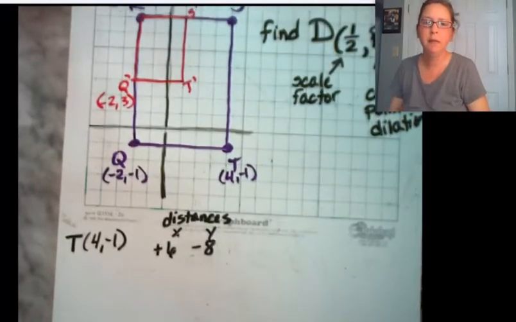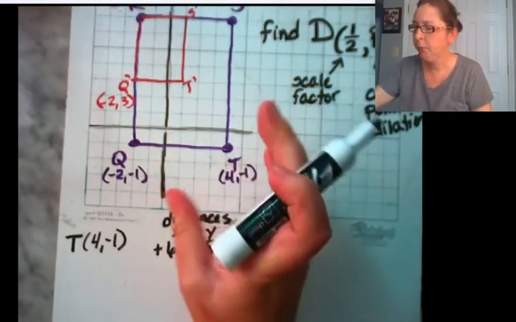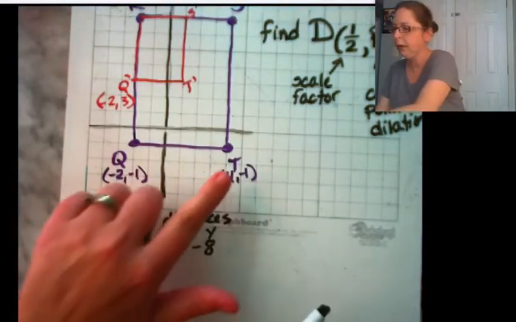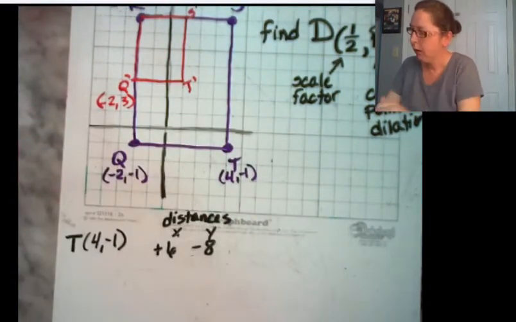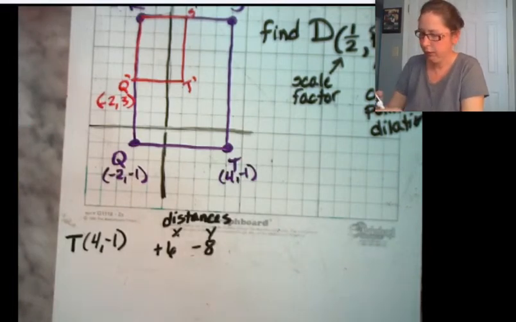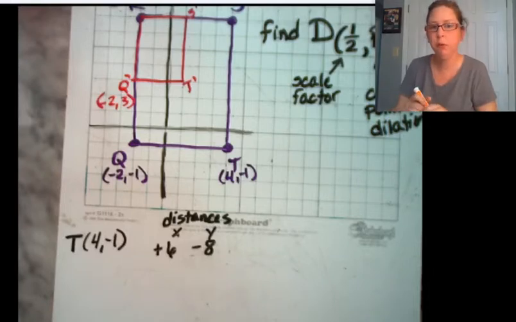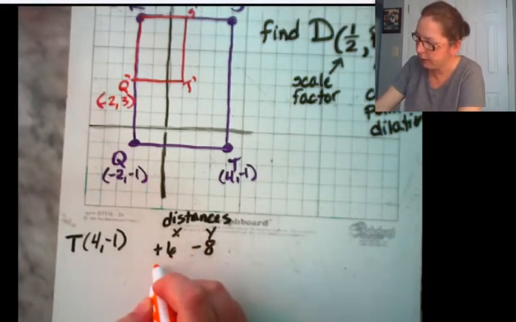Now I'm going to take that distance and apply the scale factor. That's what's going to move that point up to where it's going to end up falling. If you don't want to keep working side to side like in the chart that I've shown in the notes, you could just work up and down. That's fine.